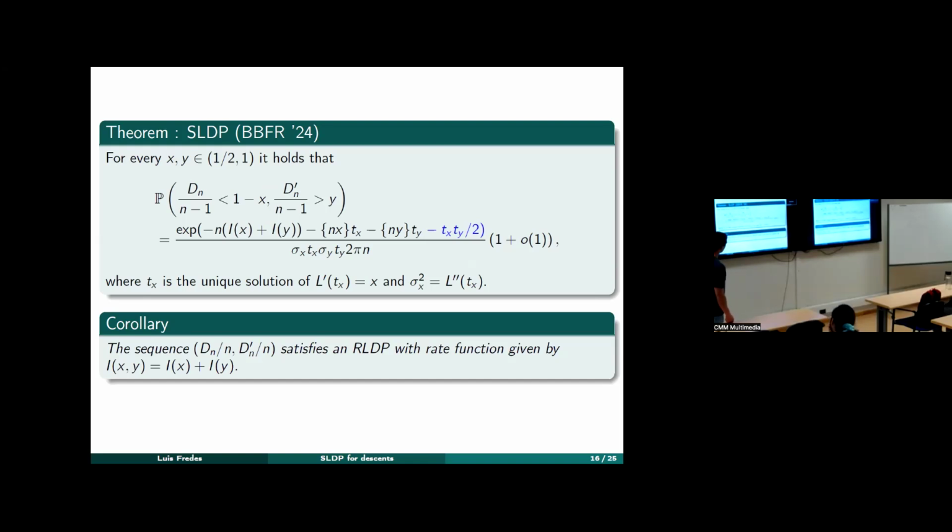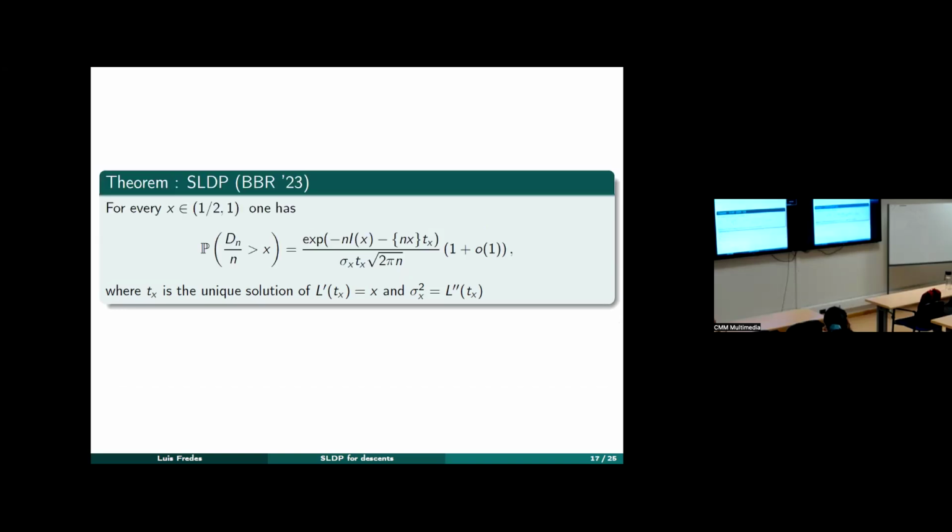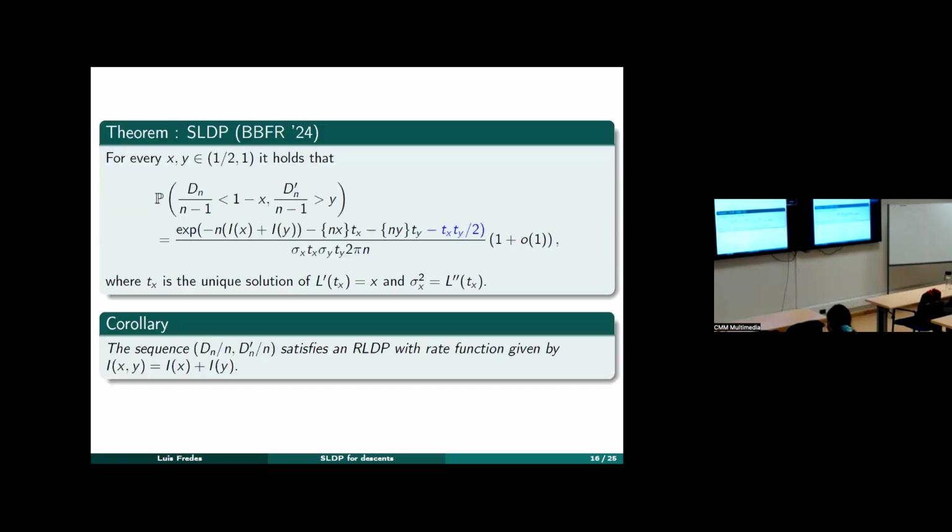We have this, and as a corollary, we have a rough large deviation principle for dn divided by n, dn prime divided by n, and the good rate function, as you can see here, separates from both. This was kind of impressive for us because when we were studying this one, we realized that we have more tools than the large deviation principle that they had before.